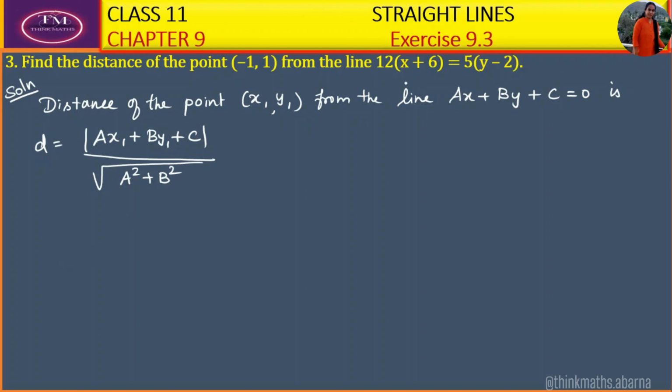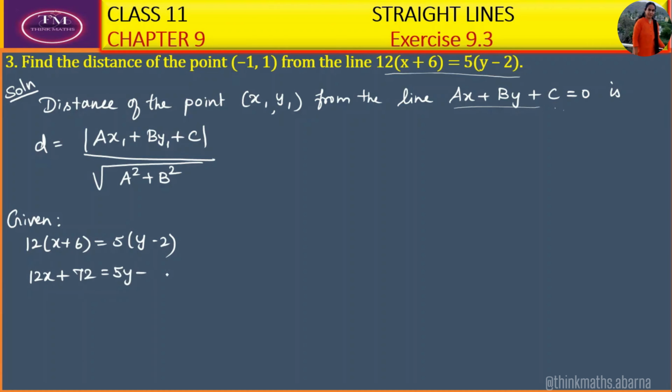Now we have to change this equation to this format. So what is given? 12 into x plus 6 equal to 5 into y minus 2. So let us multiply this out by 12. So 12x plus 72 equal to 5y minus 10.